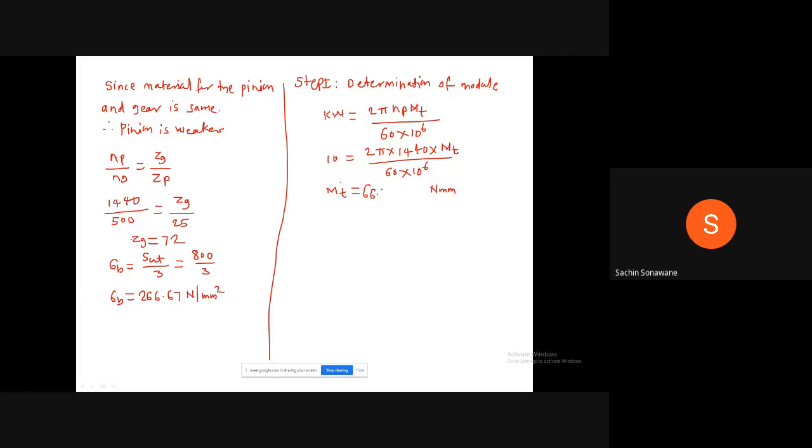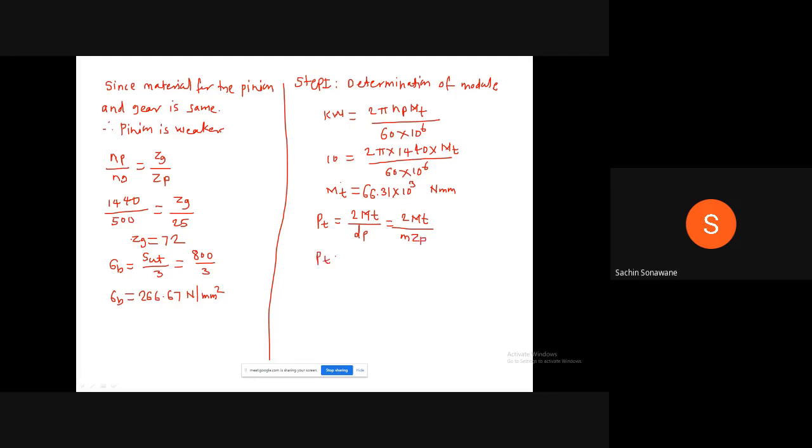66.31 into 10 raised to 3. Then from MT, calculate PT, tangential load. We'll follow our steps. Tangential load PT is equal to 2MT upon Dp, which is equal to 2MT divided by m into Zp.